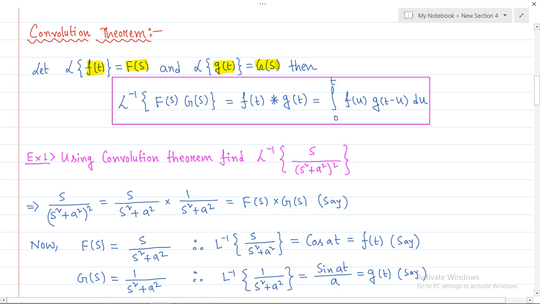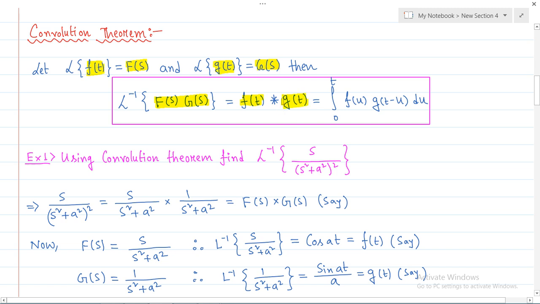Now what will be the Laplace inverse of F(s) into G(s)? If we have some product type of function F(s) into G(s), whose Laplace inverse we have to calculate, then it can be done using the convolution of f and g. So it will become f(t) star g(t), the convolution between f and g.